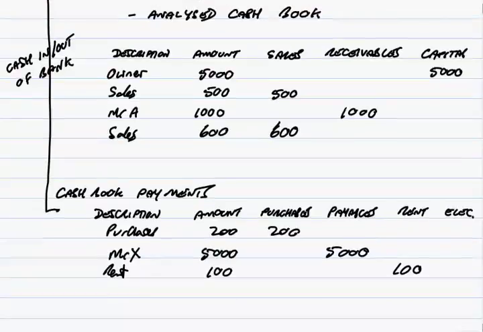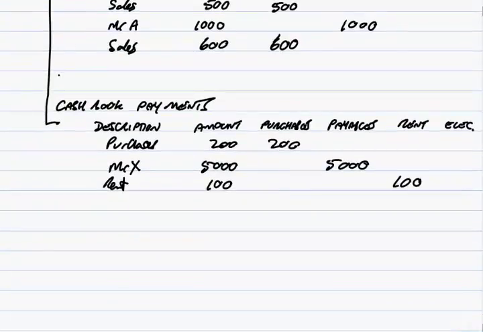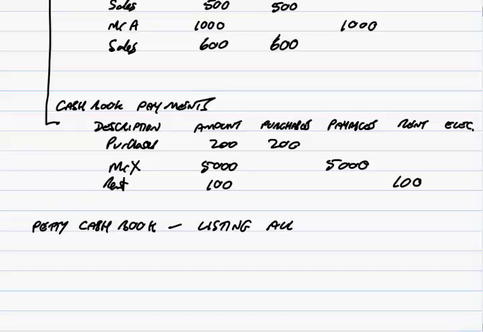There'd probably also be a petty cash book, and I won't show one here because, in exactly the same way as we've just done, this would be listing all what you might call loose cash, received and paid.